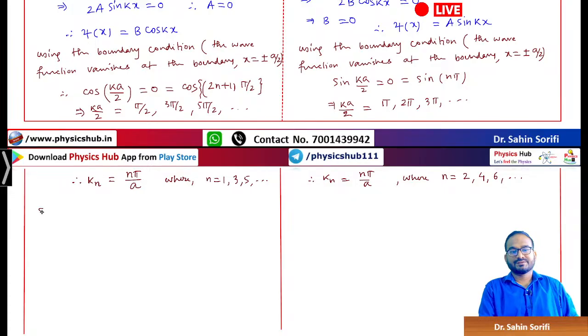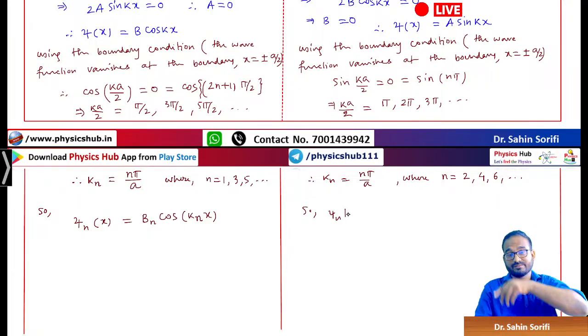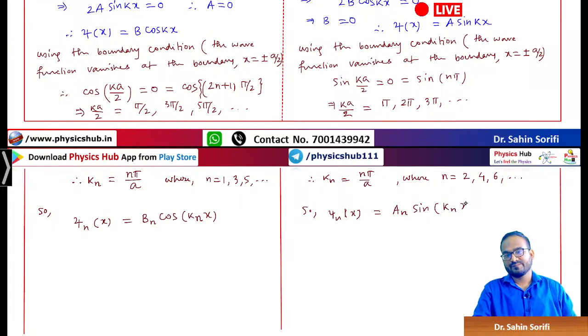And hence you get the wave function here, psi n of x is equals to bn, it was b cos kx, so we are writing in terms of n, kx, k becomes kn, so it is kn x, and here psi n of x becomes an sin kn x.